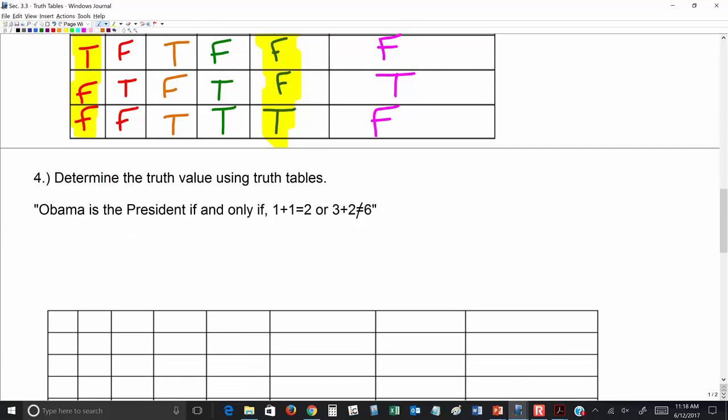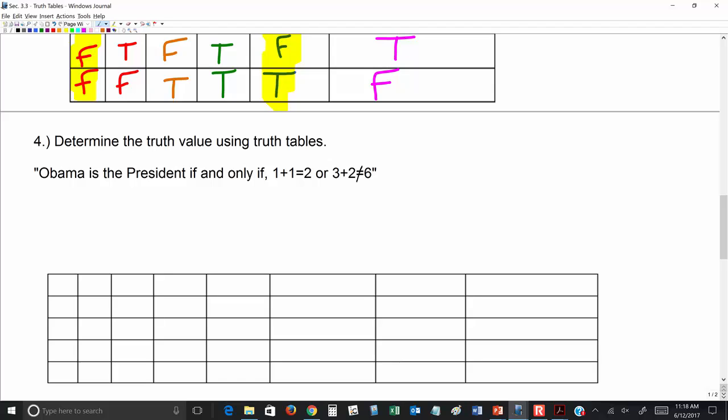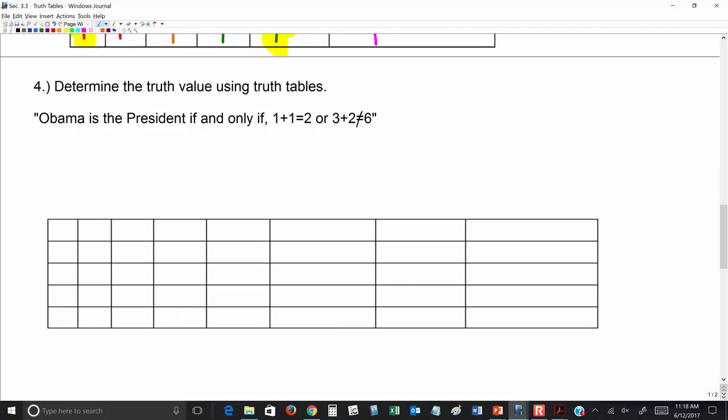All right, and then number 4, determine the truth value using truth tables.